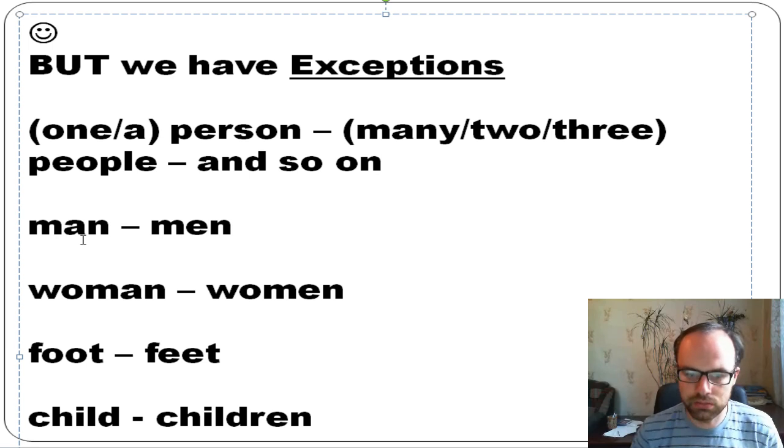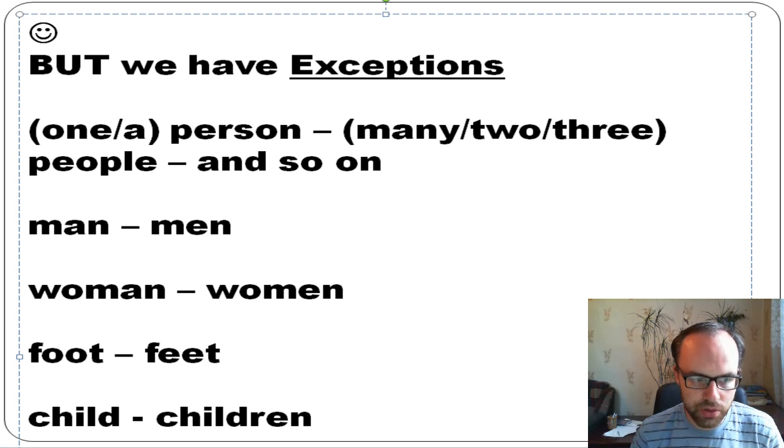Man, woman, women. So one man, many men. One woman, many women. One foot, many feet. One child, many children. Okay, please remember these words: person, people; man, men; woman, women; foot, feet; child, children.